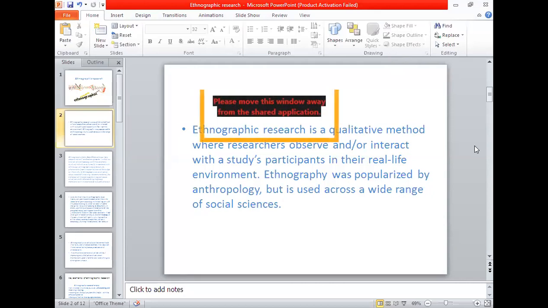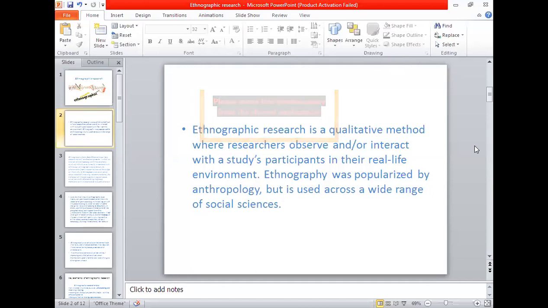This is the meaning of this qualitative research methodology. In ethnographic research, which is a qualitative research type, researchers observe and also interact with the study participants in their real life environments.